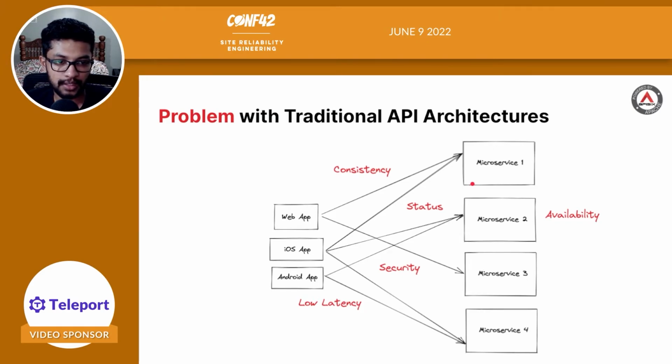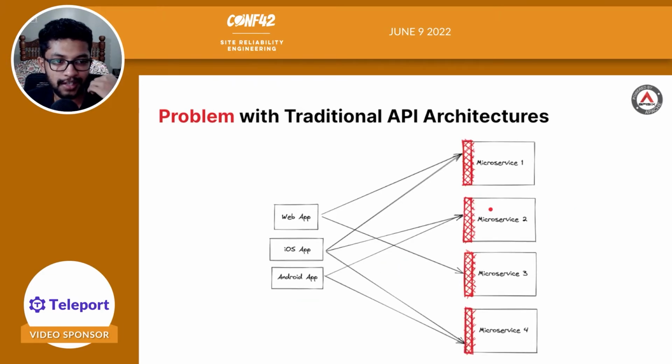In a traditional API architecture, you will have to configure or add something new to each of your services, each of your endpoints. These endpoints could be written in multiple programming languages. They could have been using different libraries, all sorts of things. So it is not plug and play. It is a tedious job that can waste a lot of developer hours.